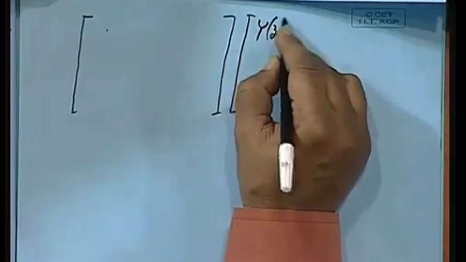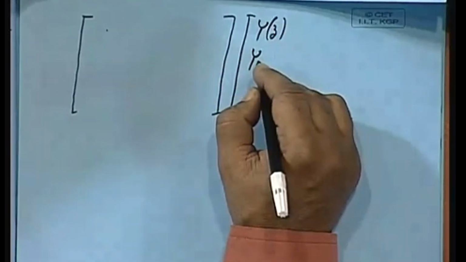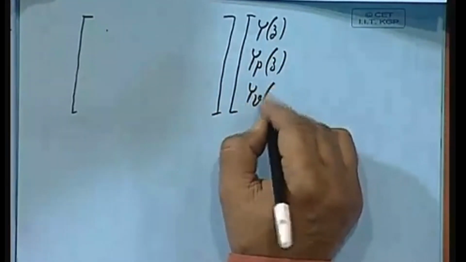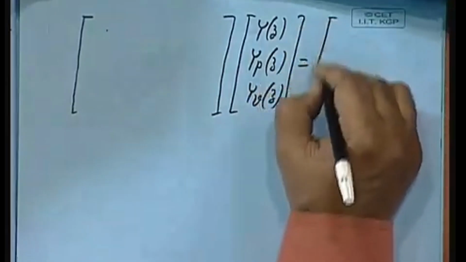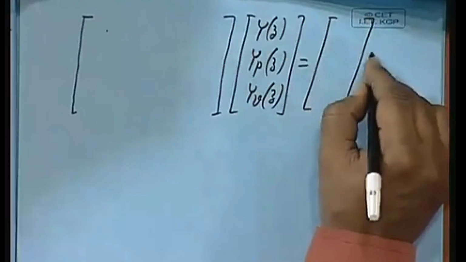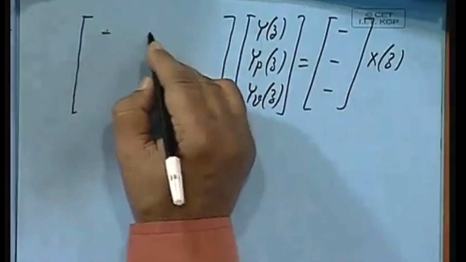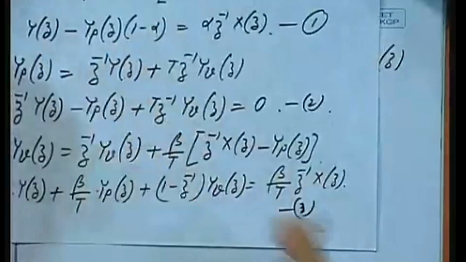Yz, Yvz, Ypz and Yvz will give you something into xz. These elements you fill up from these equations.